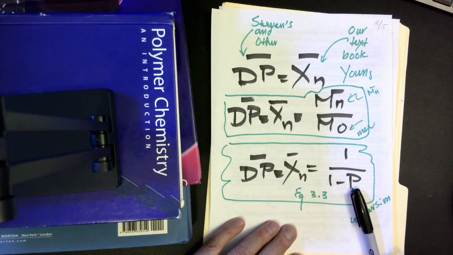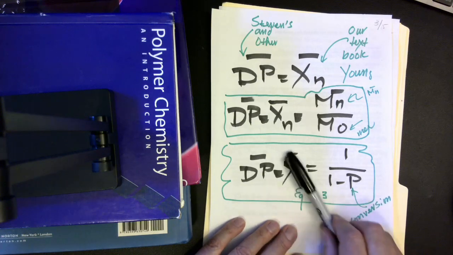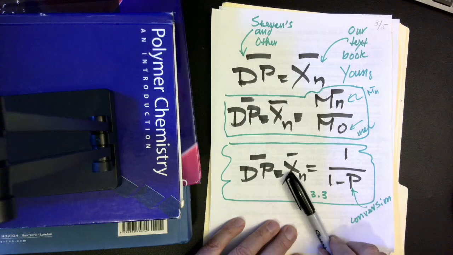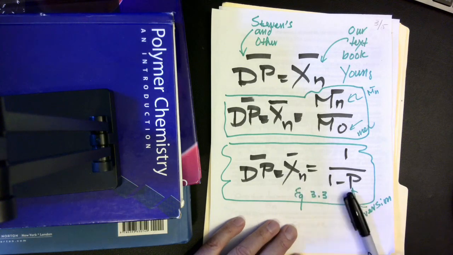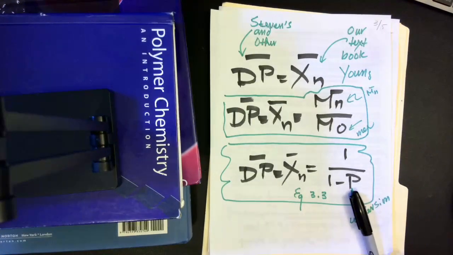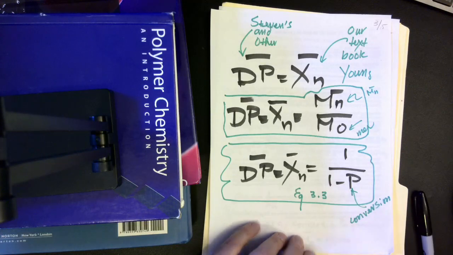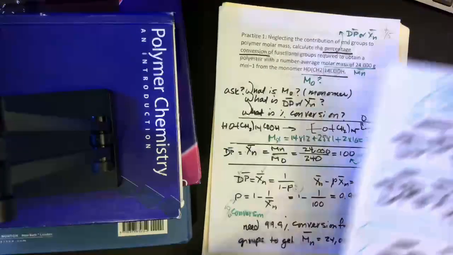This is a very important formula because it tells us, for a certain n that we have to calculate or make the polymer, what the percent conversion should be. And we say that percent conversion has to be very high to make a good polymer. So let's look at that.